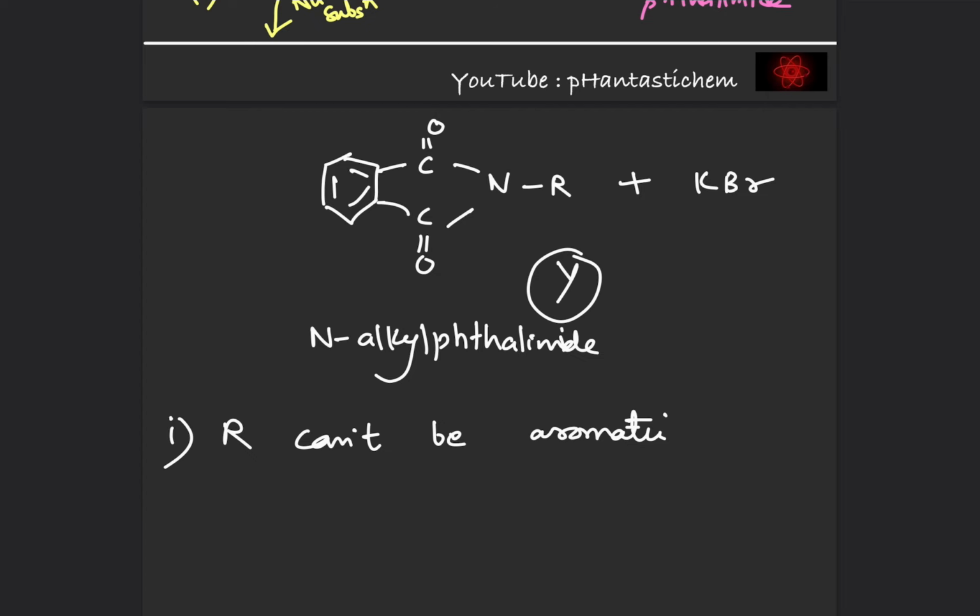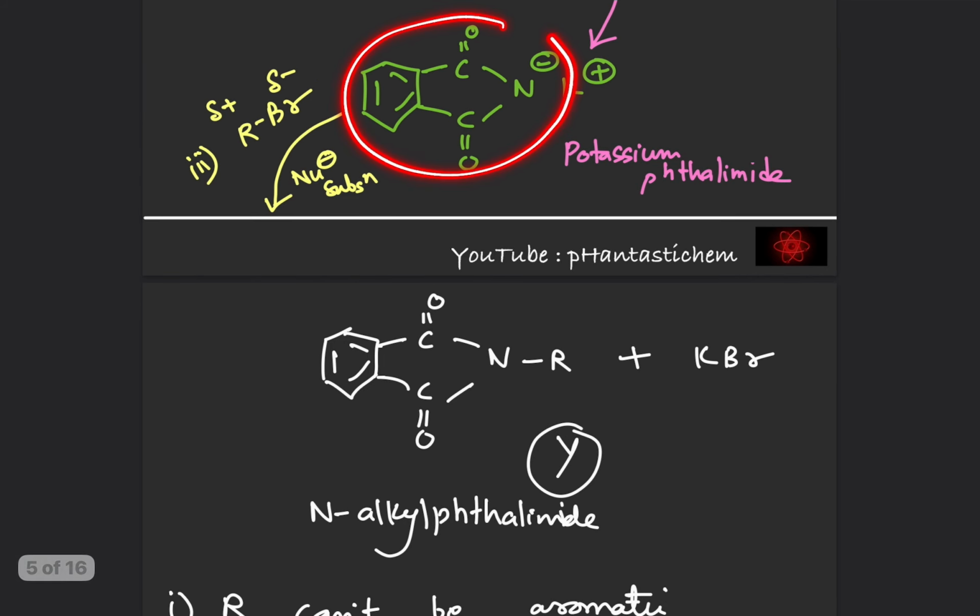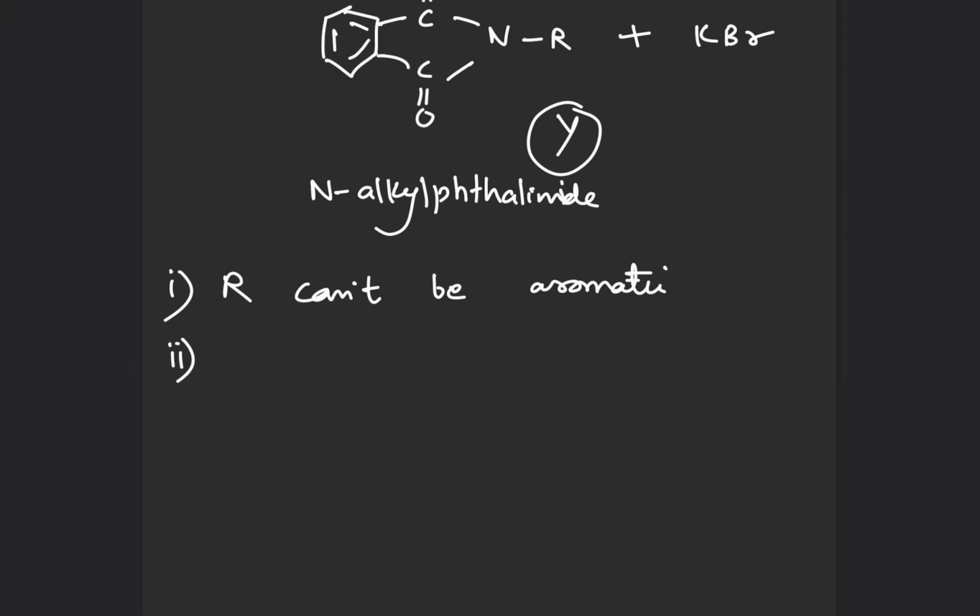That's the first condition. And also, since we are doing nucleophilic substitution, the incoming nucleophile is going to attack R. So that's why we want very little crowding around R. Therefore, we cannot use a secondary or a tertiary alkyl group. So R has to be primary also. So these are the two conditions: R cannot be aromatic, and R of 1 degree is preferred.